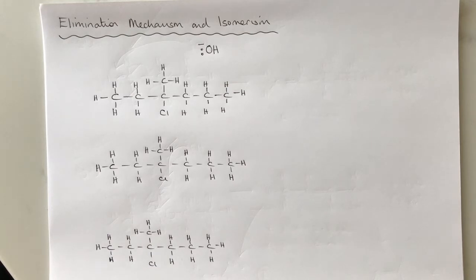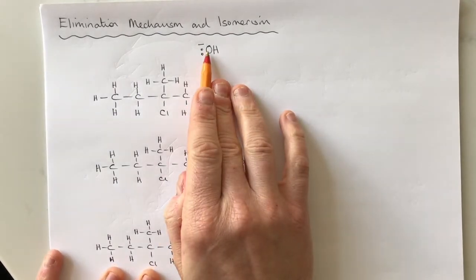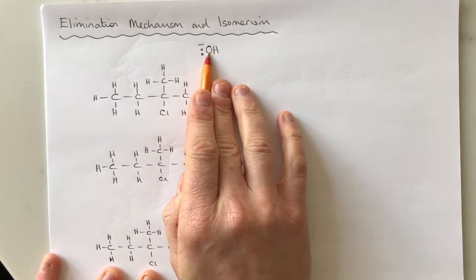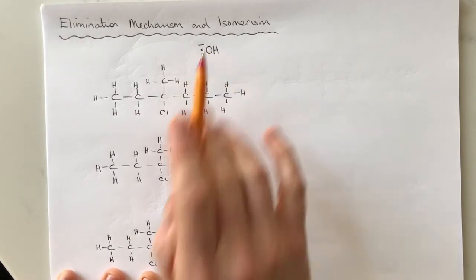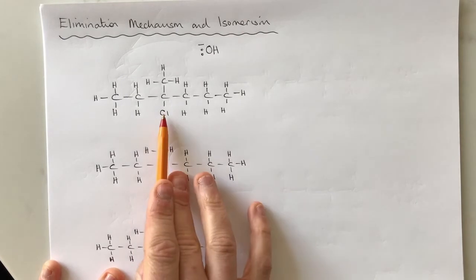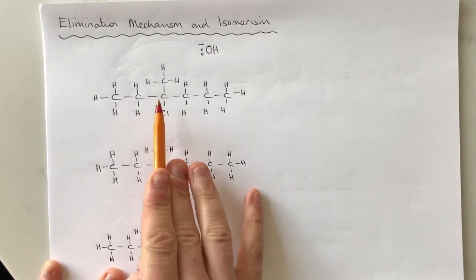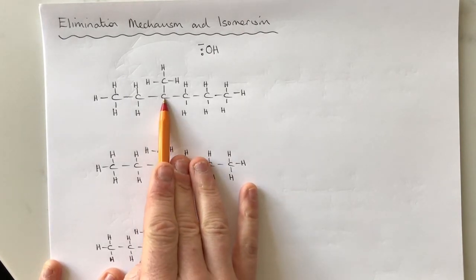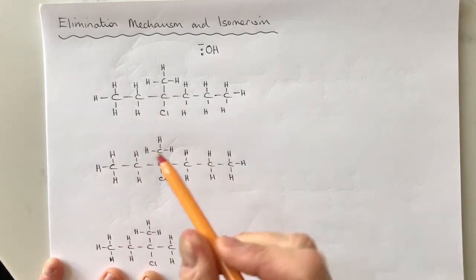Right, let's go through. So I'm going to go through the mechanism 3 different times here. Remember, the rule is that our hydroxide ion has to attack a hydrogen which is on a carbon next door to where our halogen is. So here's our halogen. Here's the carbon that our halogen is attached to, and it has 3 carbon neighbours.